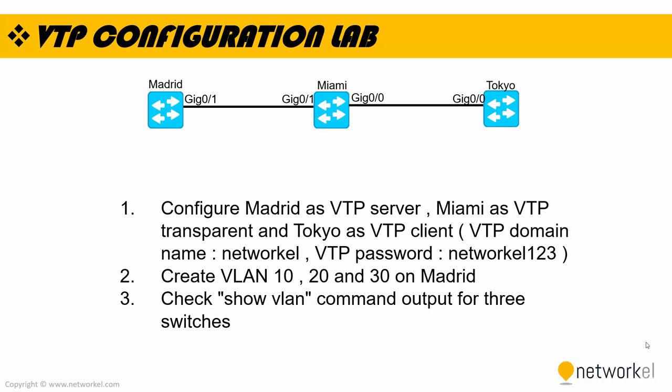VTP domain name will be network EL, and our VTP password will be network EL123. Then we need to create VLANs 10, 20, and 30 on Madrid and check the show VLAN command output for 3 switches.